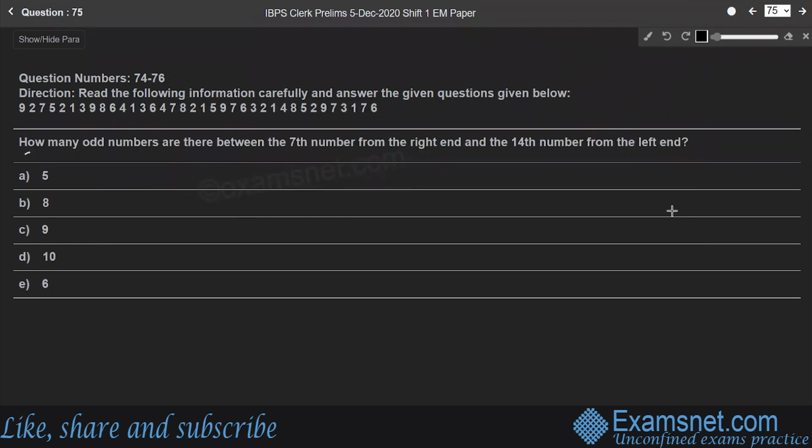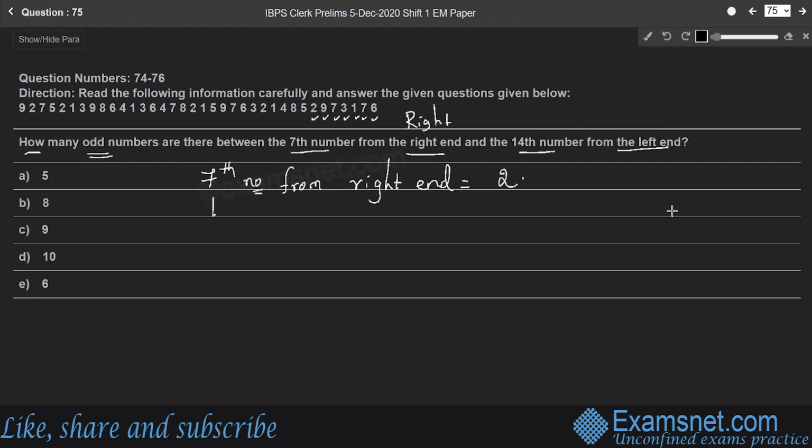Question 75. How many odd numbers are there between the 7th number from the right end and the 14th number from the left end? From the right end, counting 1, 2, 3, 4, 5, 6, 7, the 7th number is 2.